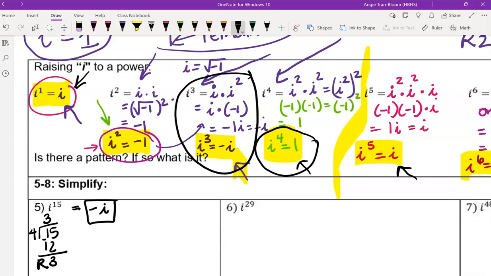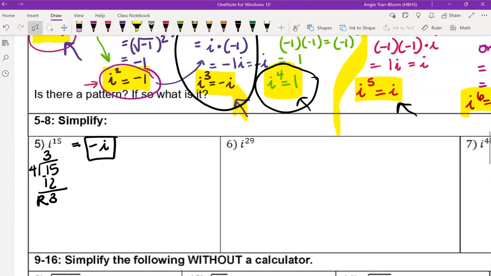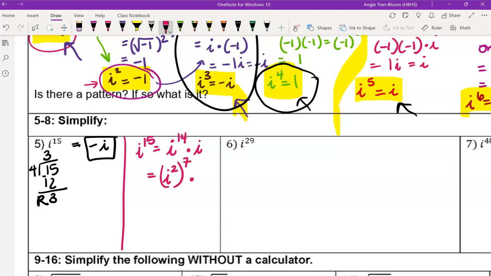Secondary method. Whichever one's easier for you, that's what you need to go with. Okay, I like my second method more. i to the 15, it's the same thing as me saying i to the 14th power times i to the first power. 14th power, guys, is i squared to the 7th. Okay, that will give me, power to the power you multiply, and that's going to give me i to the 14th.